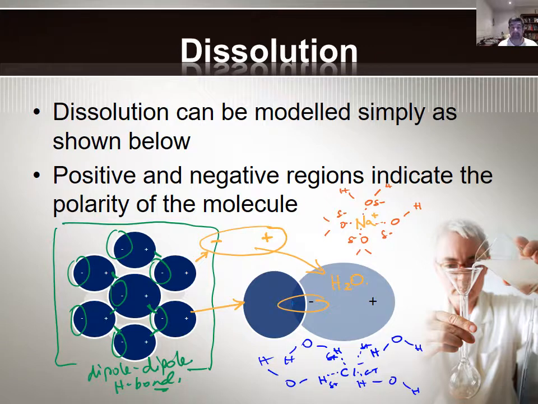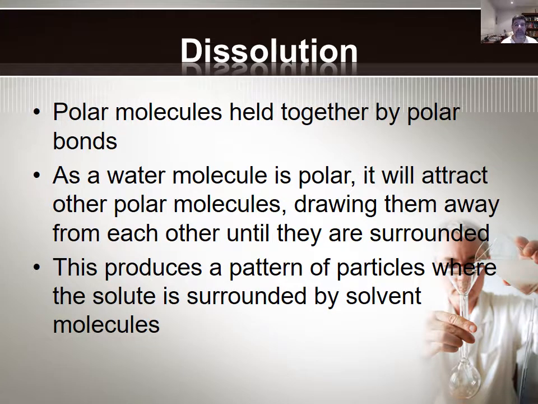So surround them with water, and identify the substance initially with some sort of generalized diagram showing a negative and a positive region and how the water molecules are getting in there and pulling these other ones apart. To sum it up, I guess, polar molecules are held together by polar bonds.